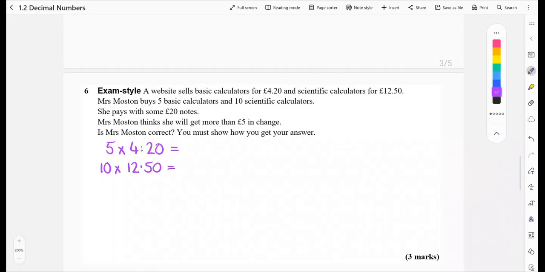A quick way to do this, if you're times it by 5, you can times it by 10, so you get 42, and then divide it by 2. That is the same as multiplying by 5. So we get £21 there. And then, of course, timesing by 10 for this one. Just need to move our place value. And we get £125.